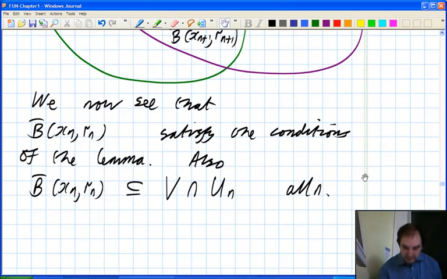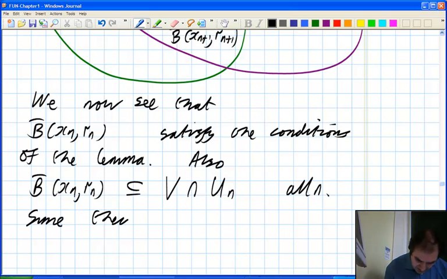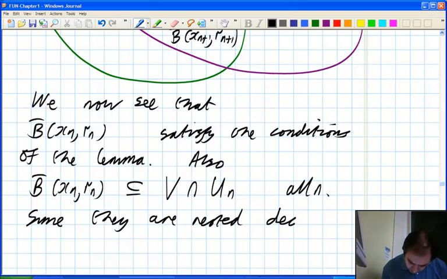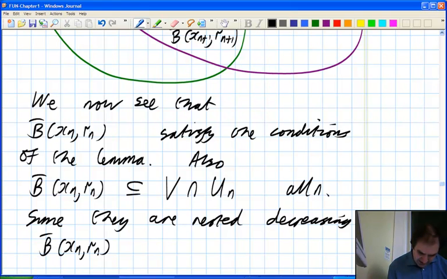So in fact, since they're nested decreasing, the ball centred on xn, Rn is actually contained in the intersection of the first few.